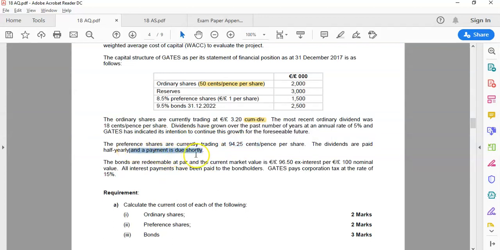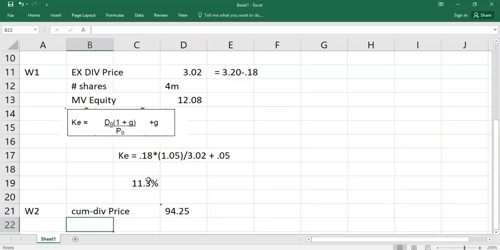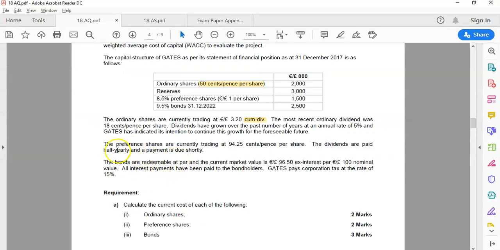Dividends are due to be paid shortly. That means that 94.25 is a cum div price as well. So the cum div price is 94.25. The ex div price, just be careful now, the half year is going to be paid shortly.